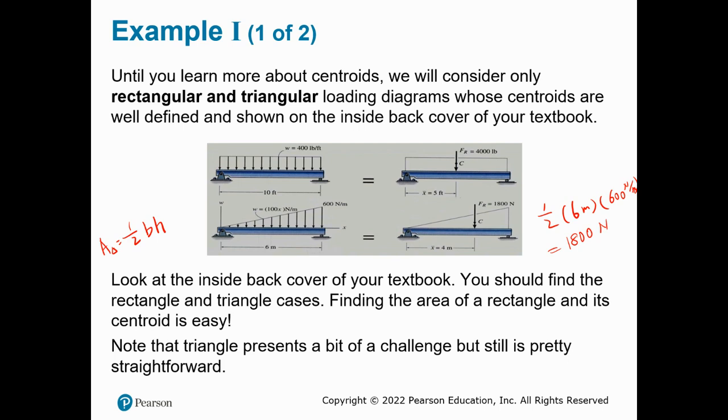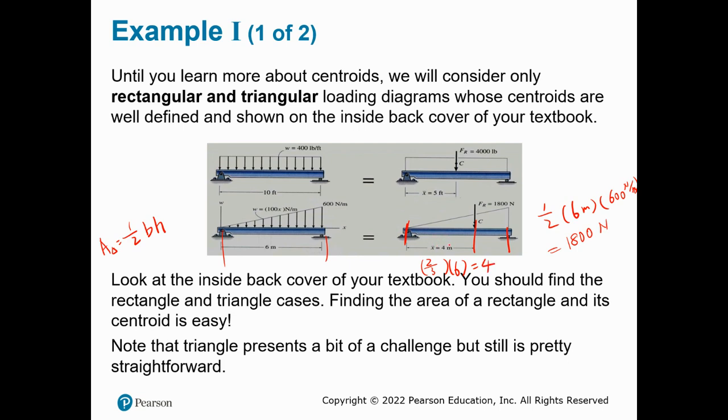Now, that's the magnitude. As for location, if this were a rectangle, it would be right in the middle. But for a triangle, it will be 2/3 from the top and 1/3 from the base. Overall, this has 6 meters, and 2/3 of that 6 meters gives 4 meters. That's where the 4 meters comes from.